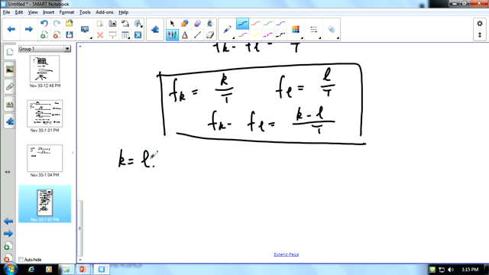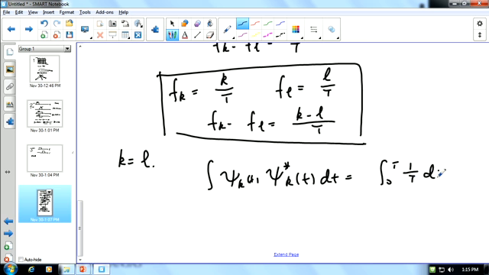When k equals l, the inner product of phi_k with its conjugate is simply going to be 1 over T times T, which is 1. So the signals are actually orthonormal. They are orthogonal, and also normalized to unit energy. We just proved that.